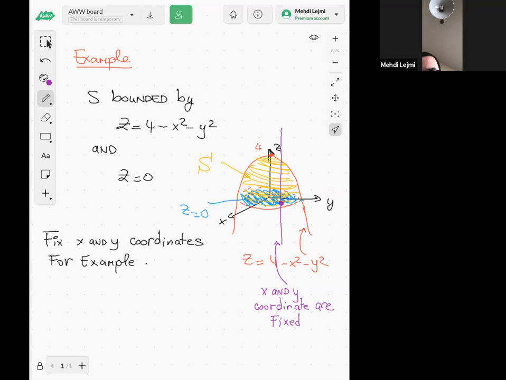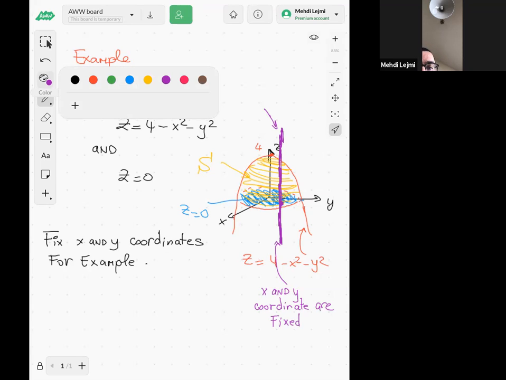Any point on this line has the same x and y coordinate; only the height z varies. So that's what I mean by fixing the x and y coordinates. You just take a vertical line.